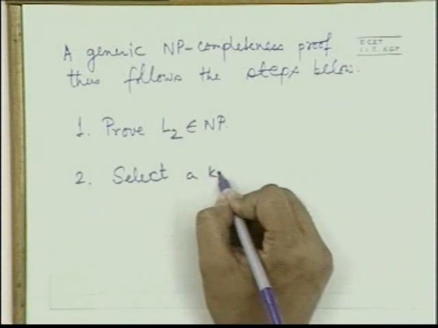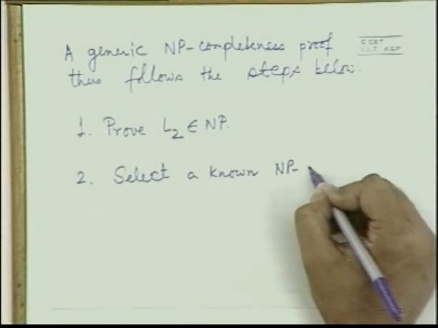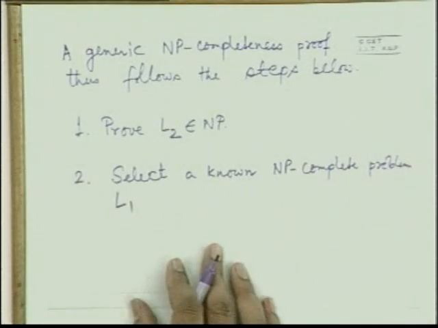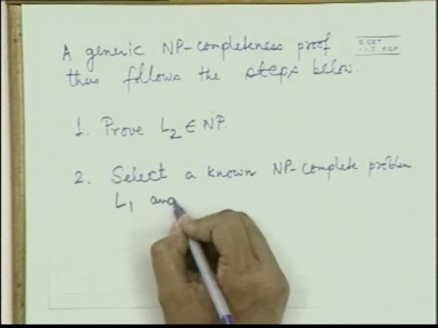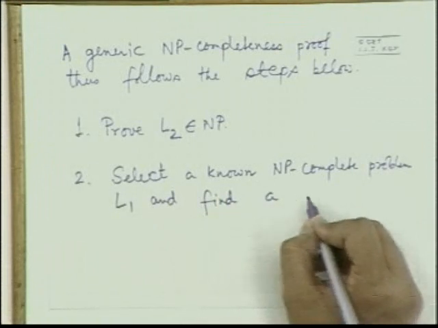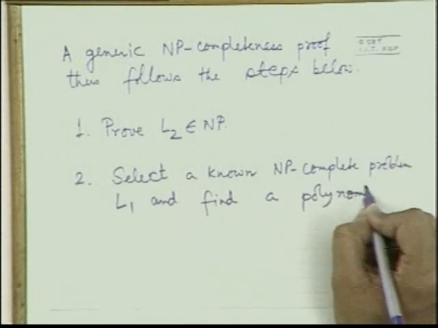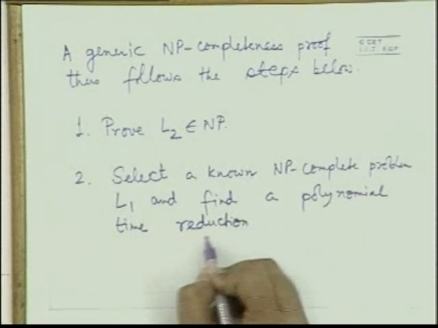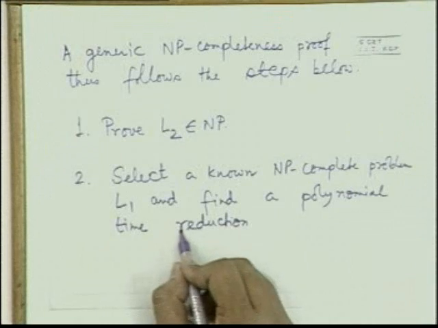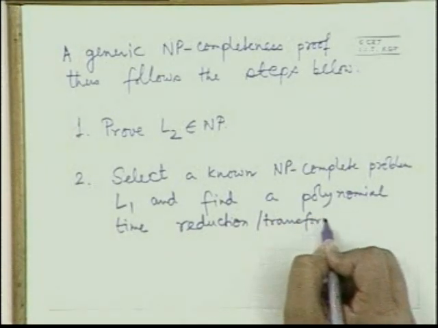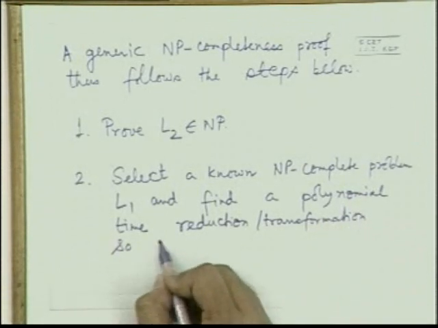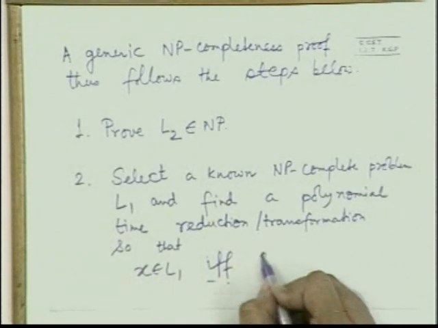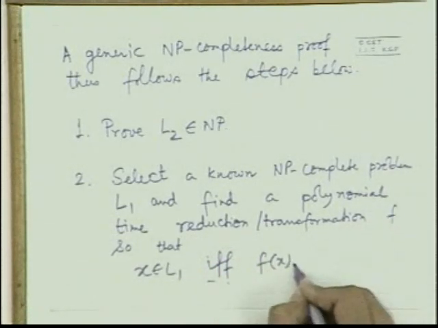So select a known NP complete problem L1, and find a polynomial time reduction or transformation, so that if x belongs to L1, you can prove that if and only if f(x) also belongs to L2, where that transformation f maps to L2.